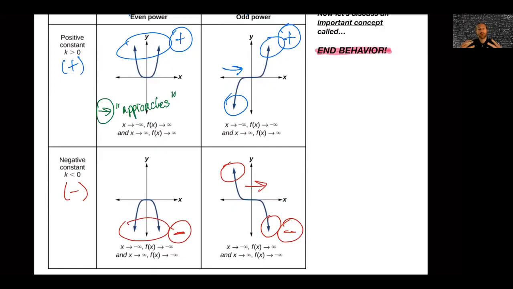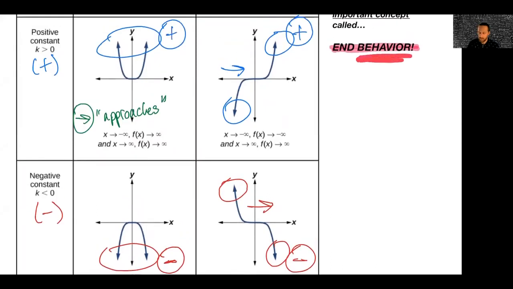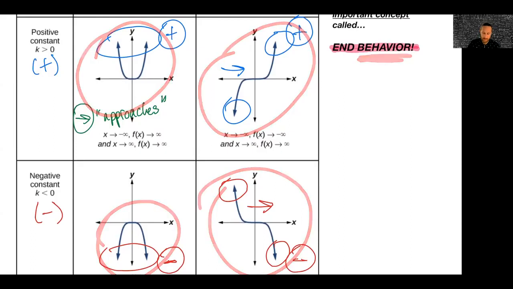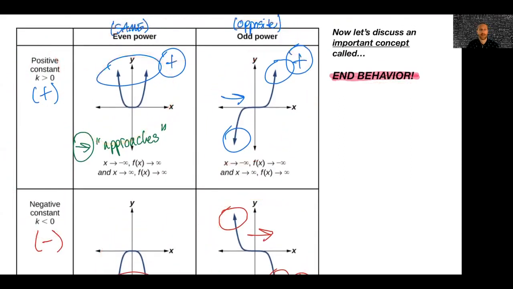Whatever you practice, paying attention to details, being disciplined, if you practice that, then that's what's going to become permanent. So practice the way you want to behave. And that's what we're looking at, how do these things behave based on the coefficient and that power.